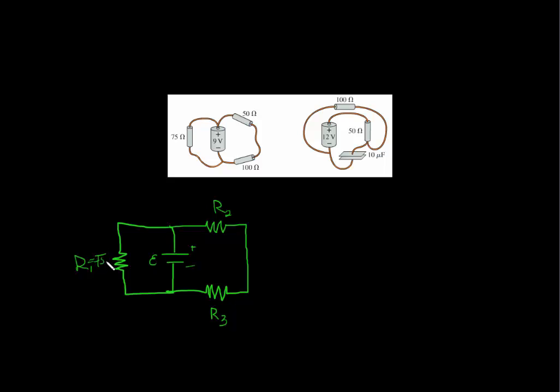So 75 ohm, 50 ohm, and 100 ohm. And then the EMF is equal to 9 volt. Yeah, so that's a complete diagram. What we'll be doing pretty quick is determining these unknowns. So we won't know, like, resistance, and we'll determine current and stuff.